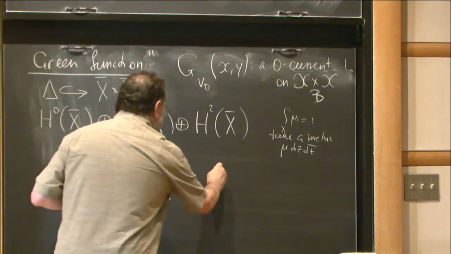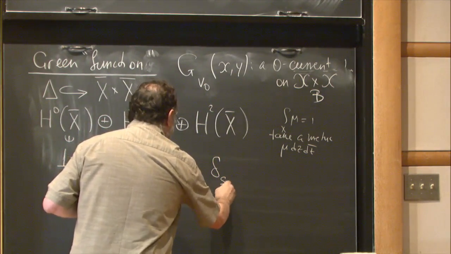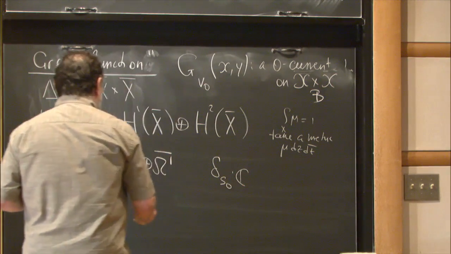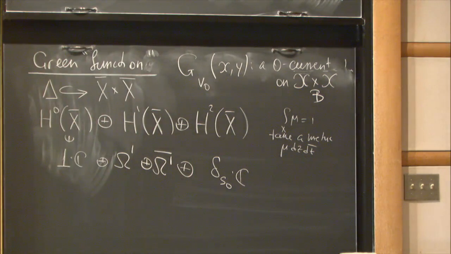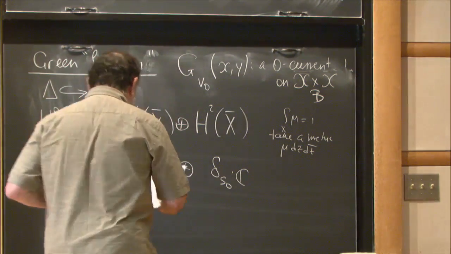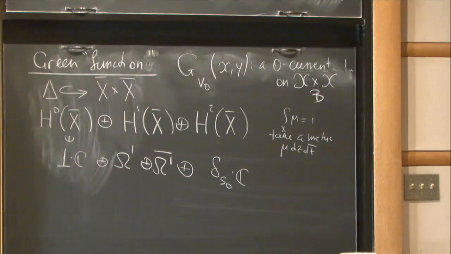I'm just going to take the delta function at the point s0 times c. These are distributions which represent the cohomology classes of H1 of X. And now I can take the identity map on the cohomology and represent it in two different ways in cohomology.